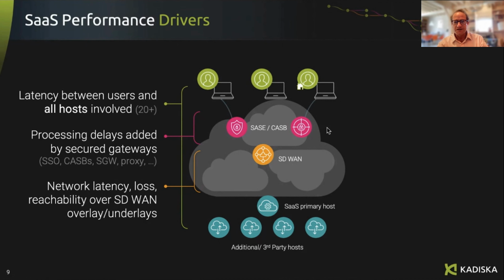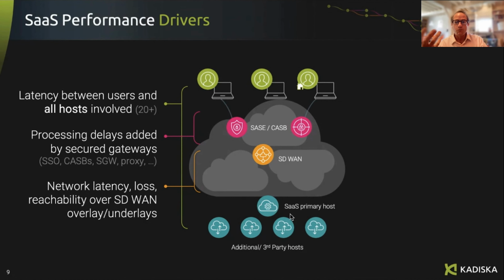And finally, there is the network latency from that place to the different parts of your SaaS. So if we think not of remote working, but really working from a corporate site, it might be an SD-WAN, it might be backhauled into some place, it might be a local internet breakout. But basically, you've got to understand how that connectivity is going to affect the user experience.